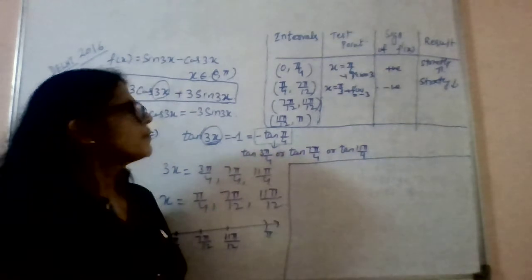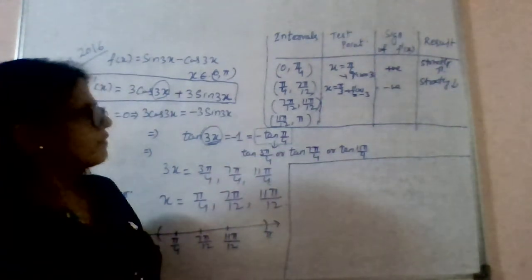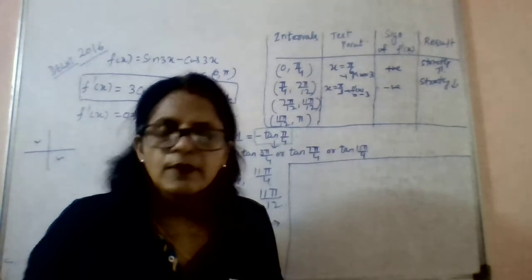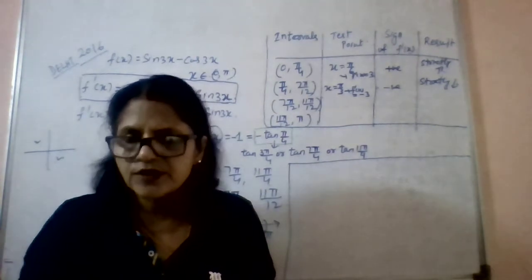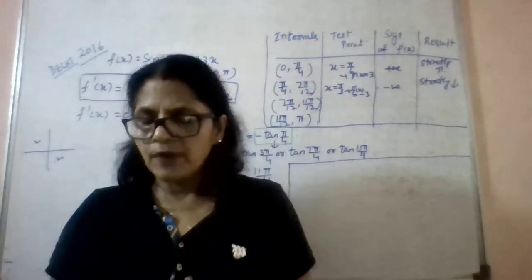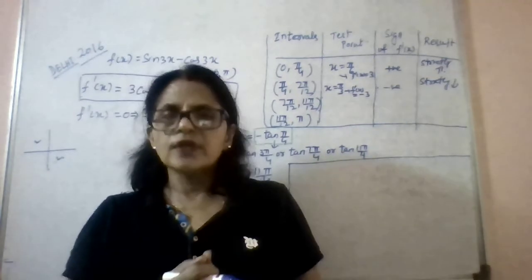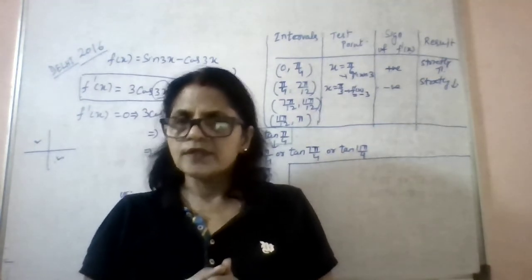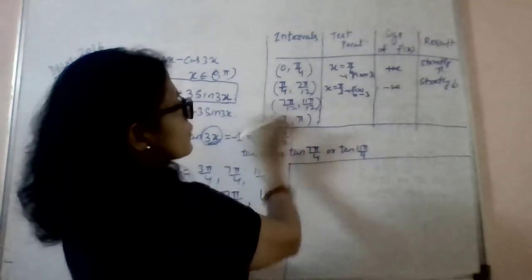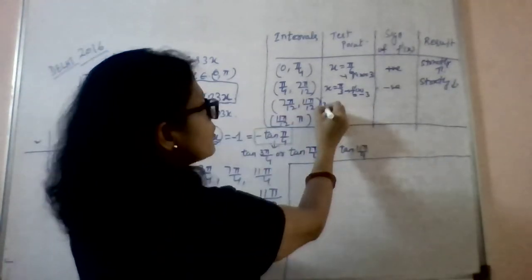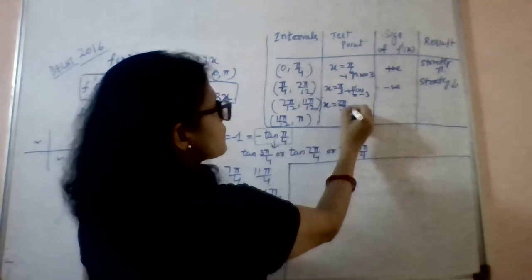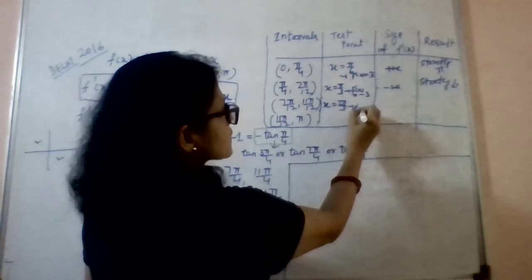Third one is between 7 pi by 12 and 11 pi by 12. So maybe you can think of some value which is more than 7 pi by 12 and less than 11 pi by 12. Can we think of such a value as 2 pi by 3? Yes. Looking at the quadrant, you can find x equal to 2 pi by 3. Now see what f dash x will be.